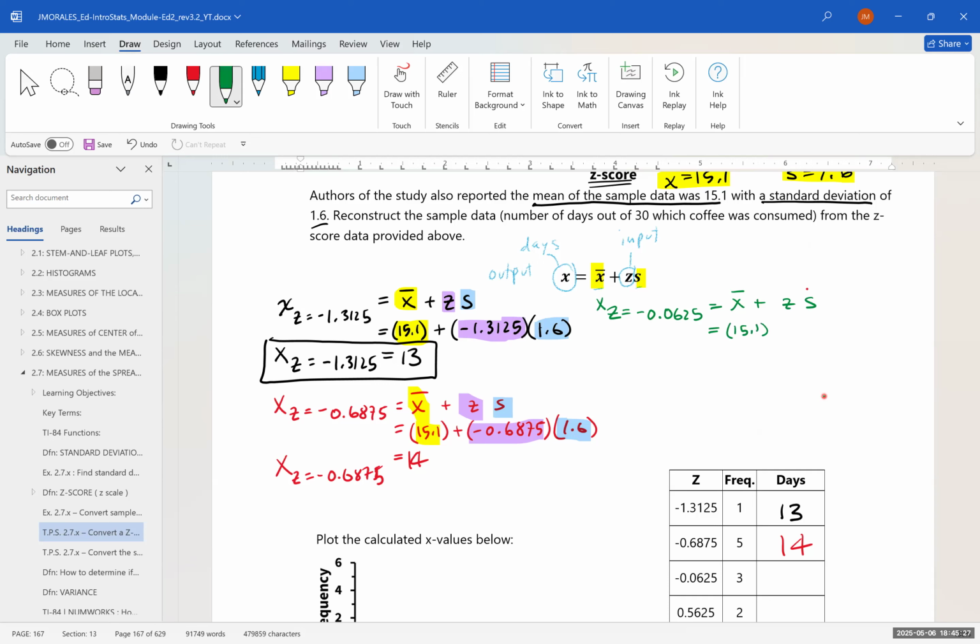X bar is 15.1, our z value is negative 0.0625, and s is 1.6. Again, substitute. Let's calculate that one out.